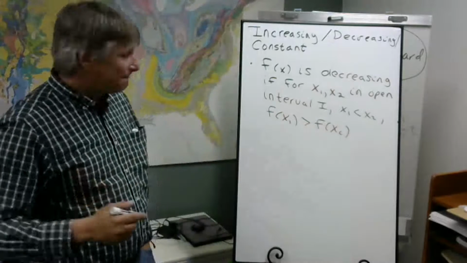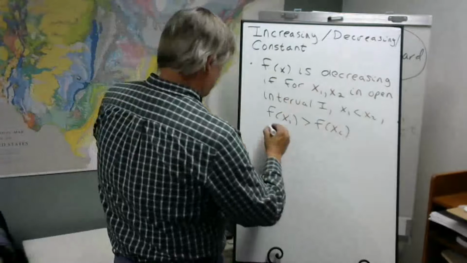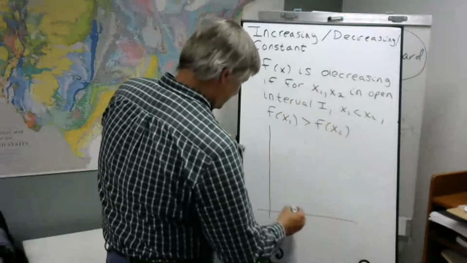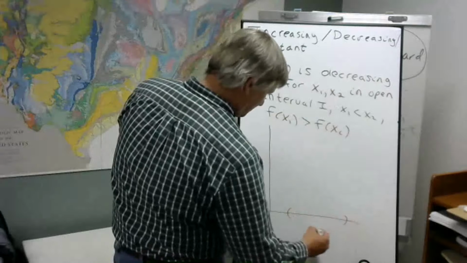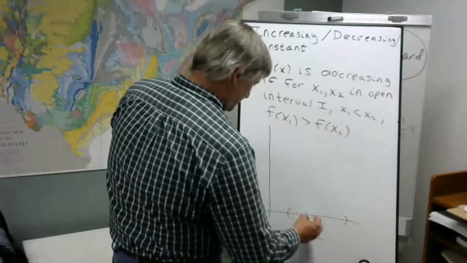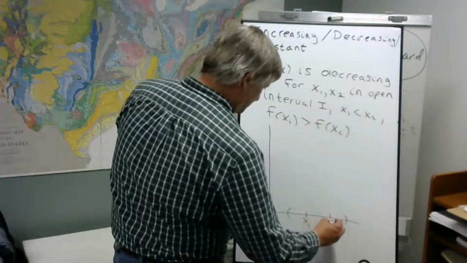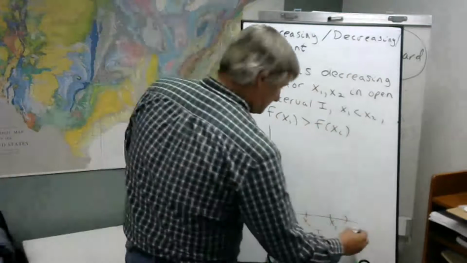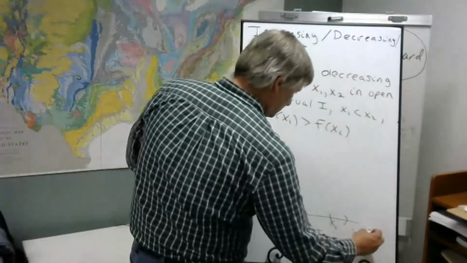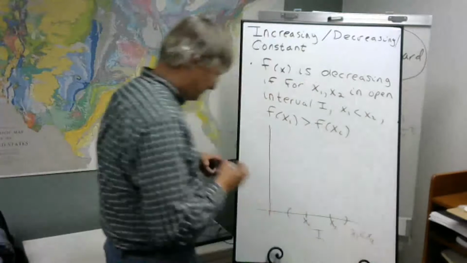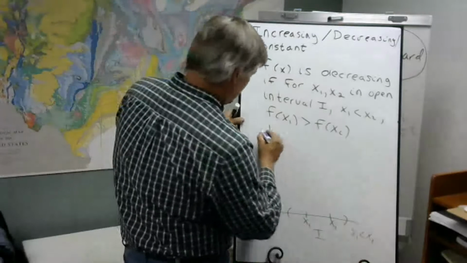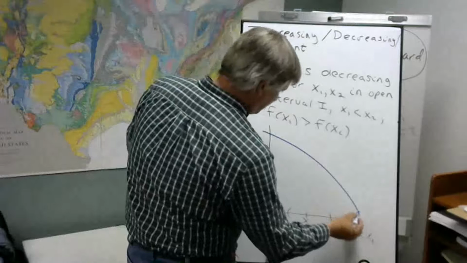So what does this mean? Well, here's your I. Let's say x1's here and x2's here. Again, x1's to the left of x2. Well, a decreasing function is doing something like this.